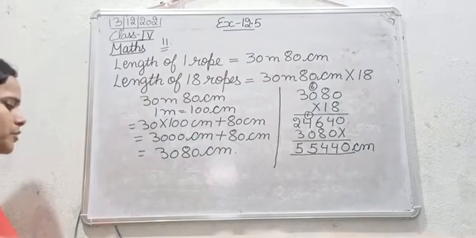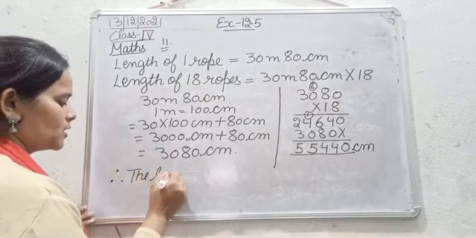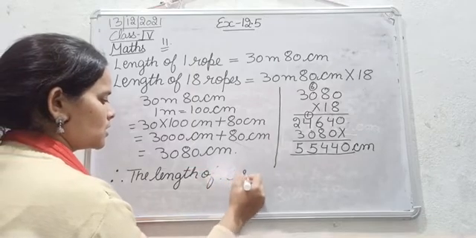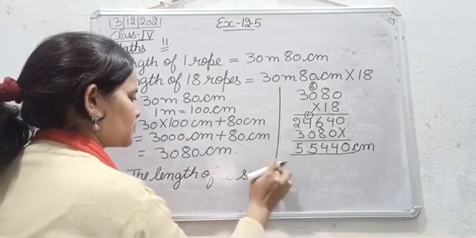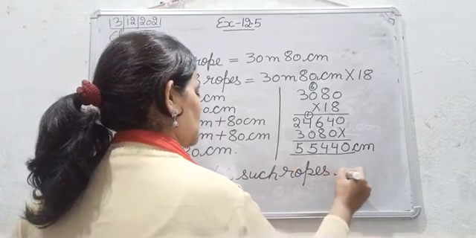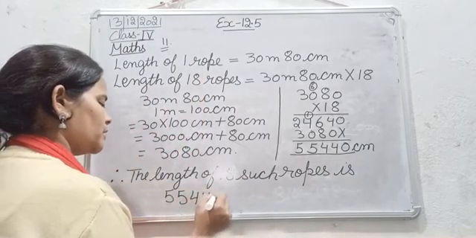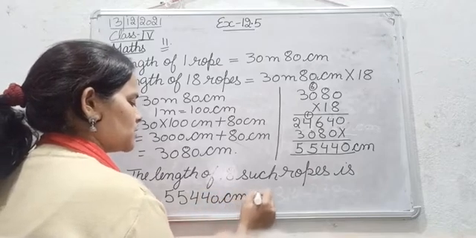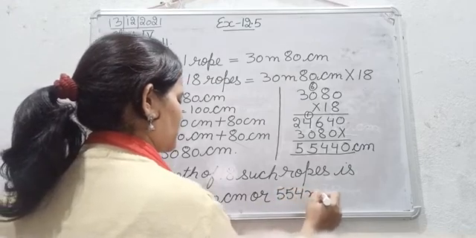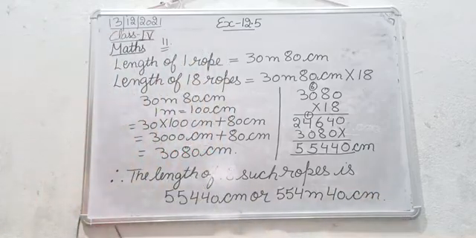So write down, therefore the length of 18 such ropes is 55,440 centimeter or 554 meter 40 centimeter.